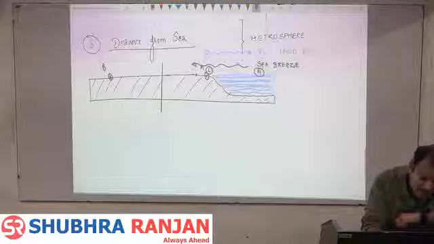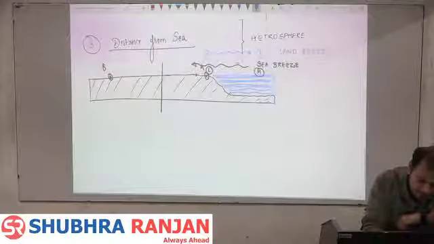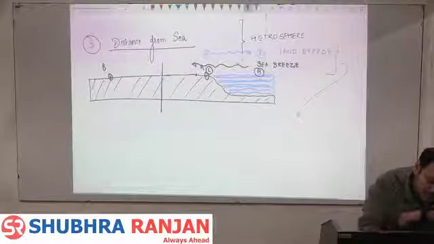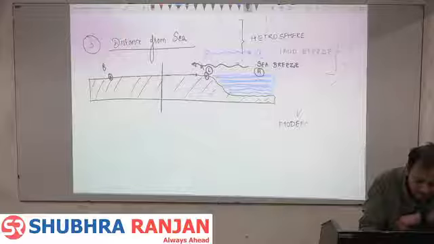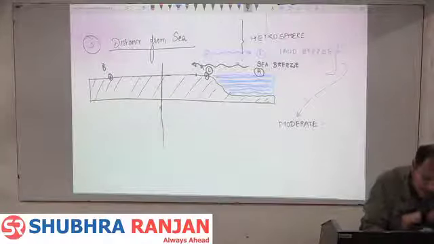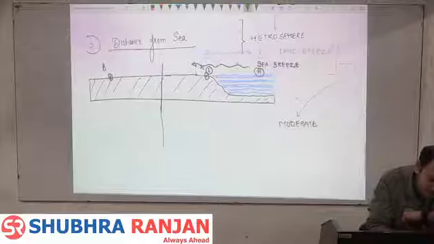So इसके कारण there will be redistribution of heat, and this redistribution of heat will make sure that यहाँ का temperature always stays moderate. But यहाँ का temperature, because of no redistribution of the heat, will be extreme.